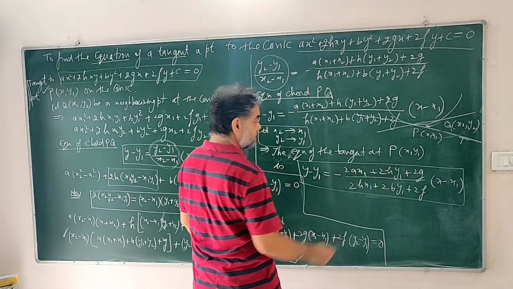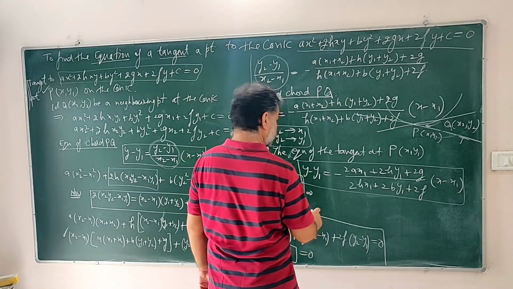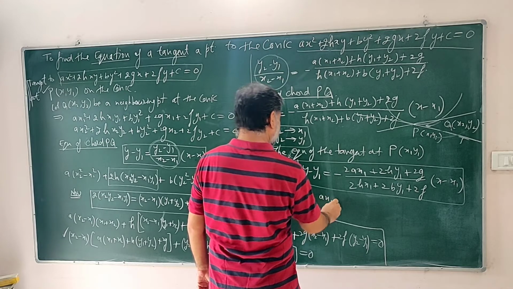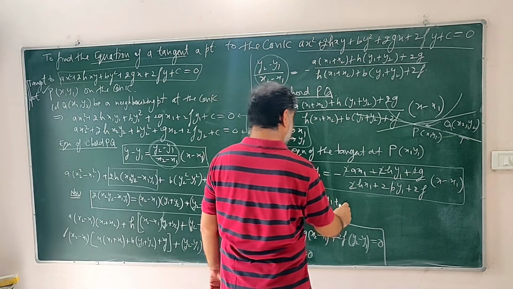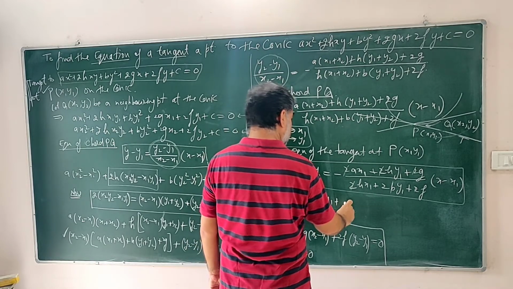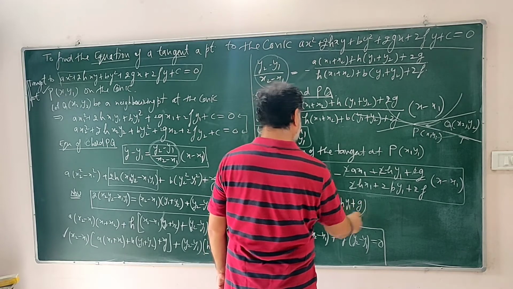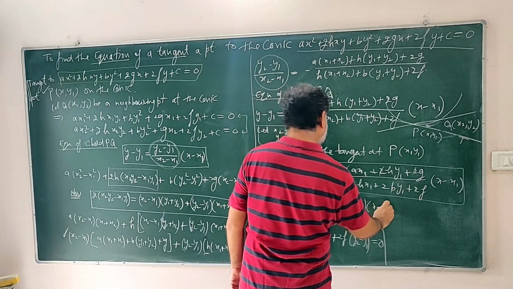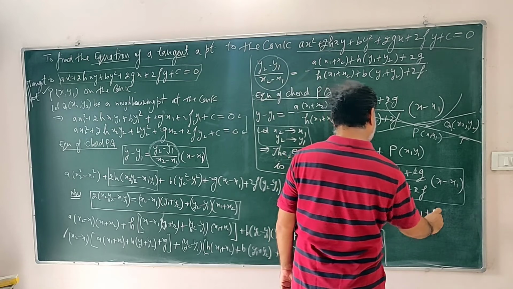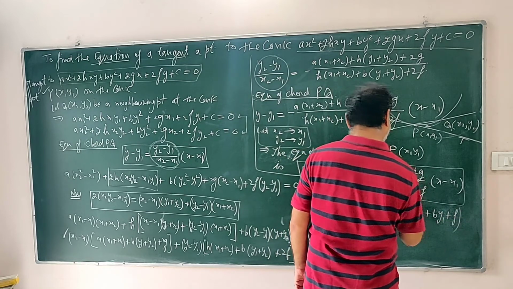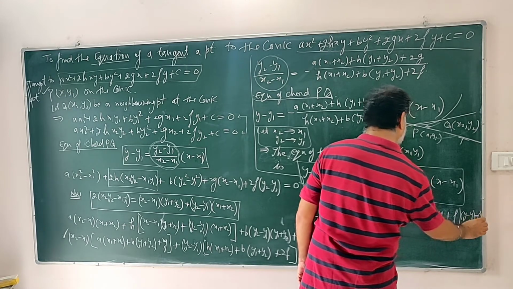So the equation of the tangent is this. From here you can cancel out 2 everywhere. So this equation can be written as (ax1 plus hy1 plus g) into (x minus x1) plus (hx1 plus by1 plus f) into (y minus y1) is equal to 0.